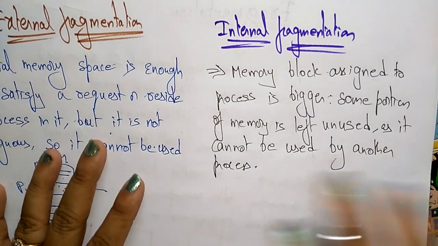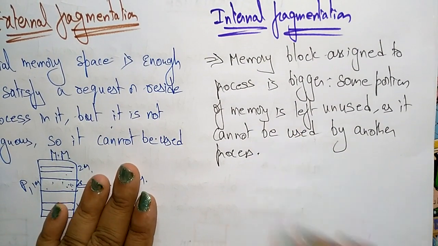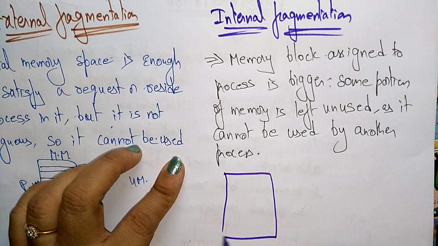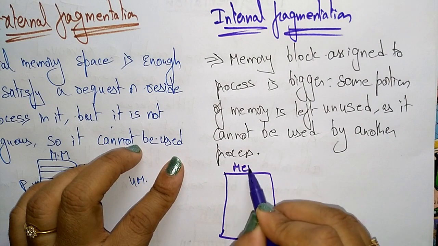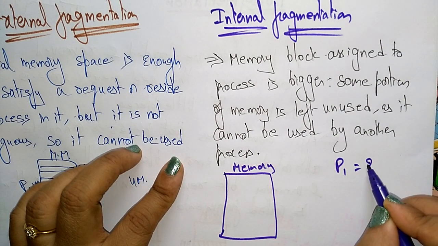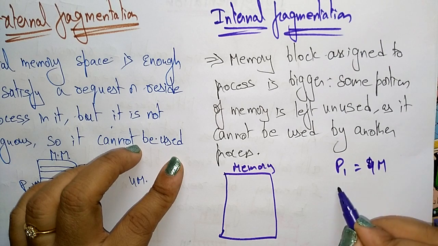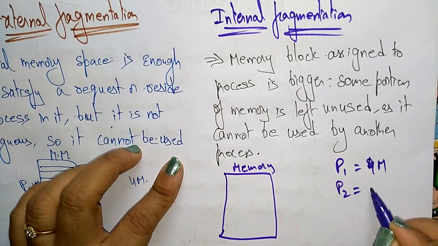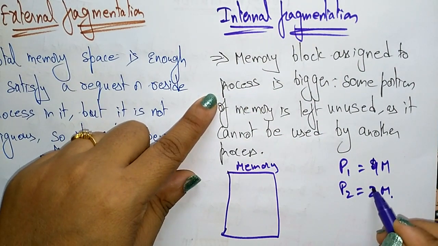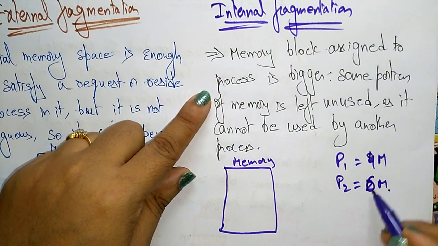What they are saying is that internal fragmentation means a memory block is assigned to a process. This is a memory block. Suppose process P1 is 4M and process P2 is 2M, like that. The memory blocks are, let's say, 6M, 4M, 6M.